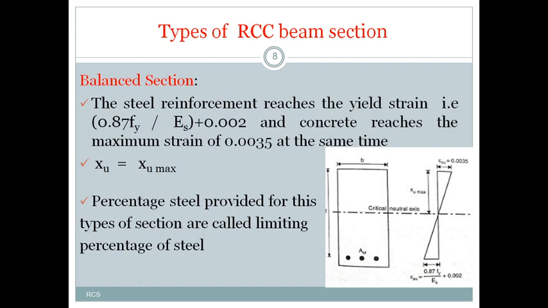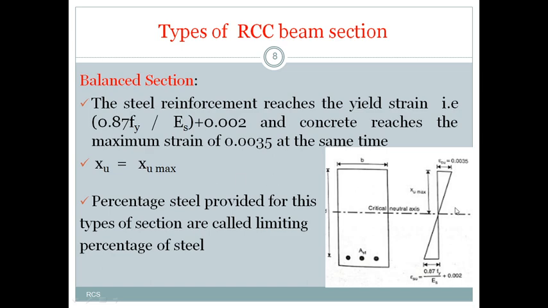It means the actual depth of the neutral axis and the maximum depth of neutral axis are both the same. They are equal. See here, this is the actual depth of neutral axis, and this is the maximum depth of neutral axis. For a balanced section, the actual depth is equal to the maximum depth of neutral axis.